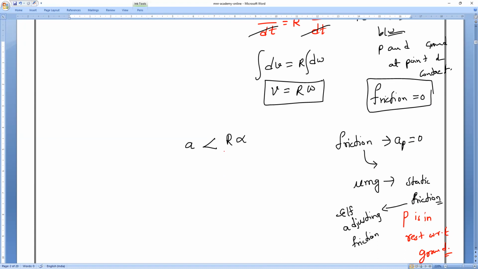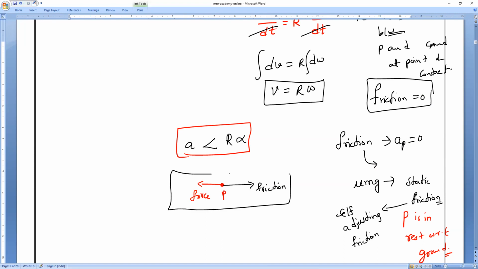So in these cases, if acceleration is less than r alpha, then at the point of contact the friction acts in the forward direction, because you will get negative friction, positive friction, and zero friction. This is the condition to remember: if a is less than r alpha, you will solve it while doing the numericals.